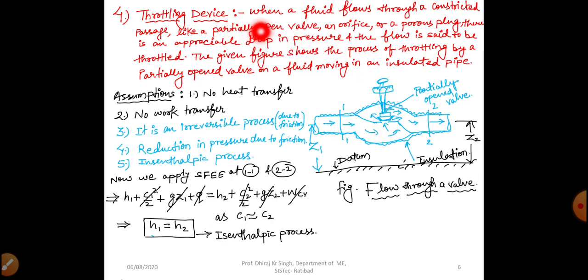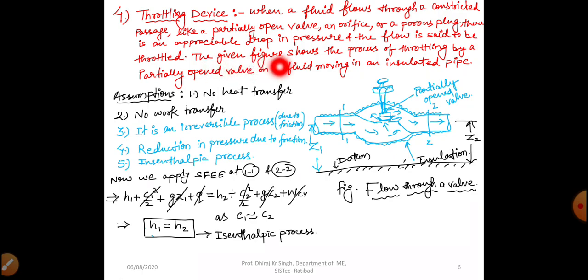So what is throttling? Let's see here. When a fluid flows through a constricted or restricted passage, like a partially open valve, an orifice or a porous plug, there is an appreciable drop in pressure and the flow is said to be throttled, right?